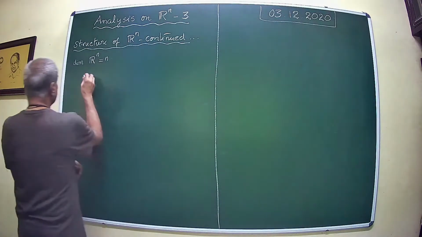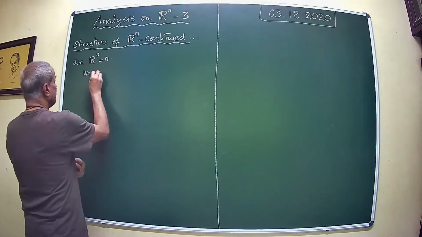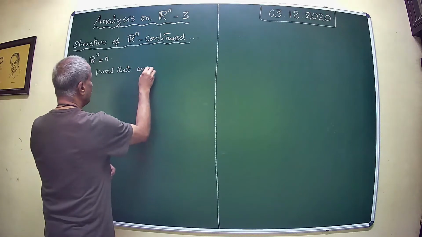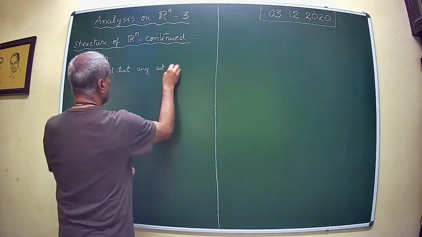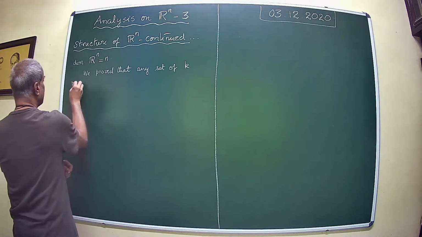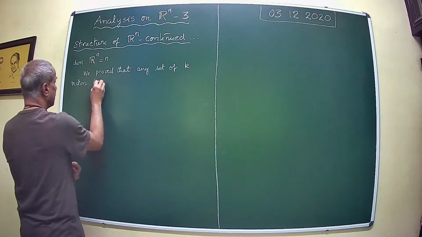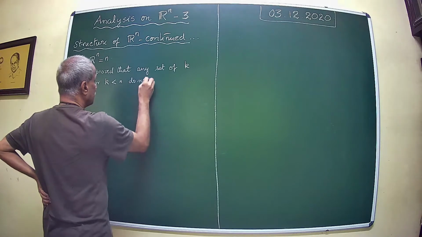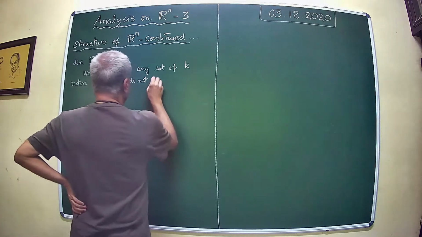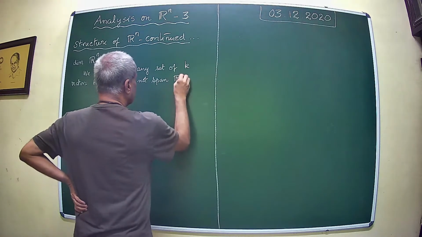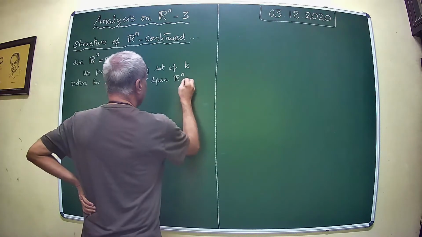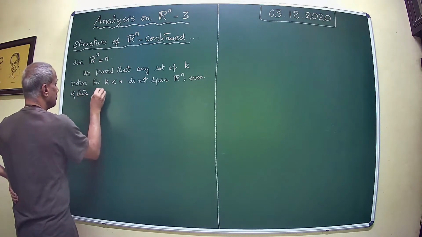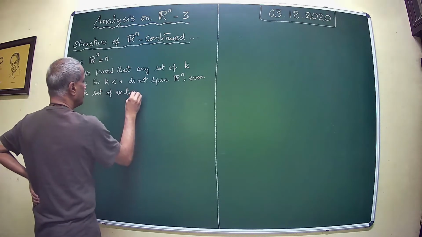We proved that any set of k vectors for k strictly less than n do not span Rn, even if these set of vectors are linearly independent.